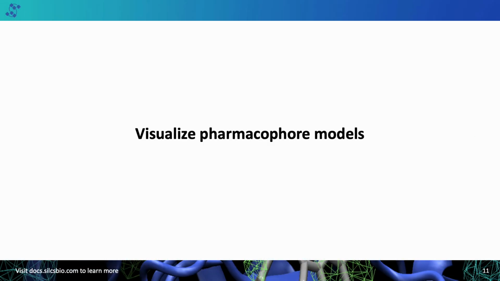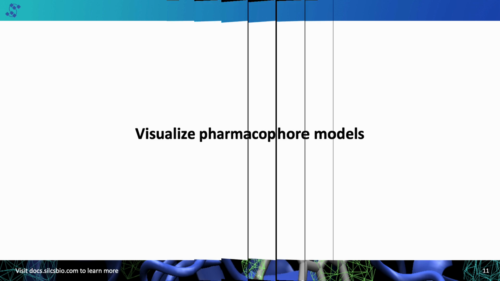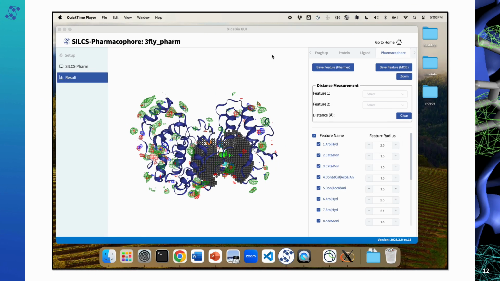Now let's visualize the pharmacophore features. Next, on the results page, the pharmacophore features are loaded to the stage along with the protein and frag maps. By default, our camera will encompass the whole protein structure. So to focus in on our pharmacophore features, we can go to the sidebar menu and click on the zoom button.